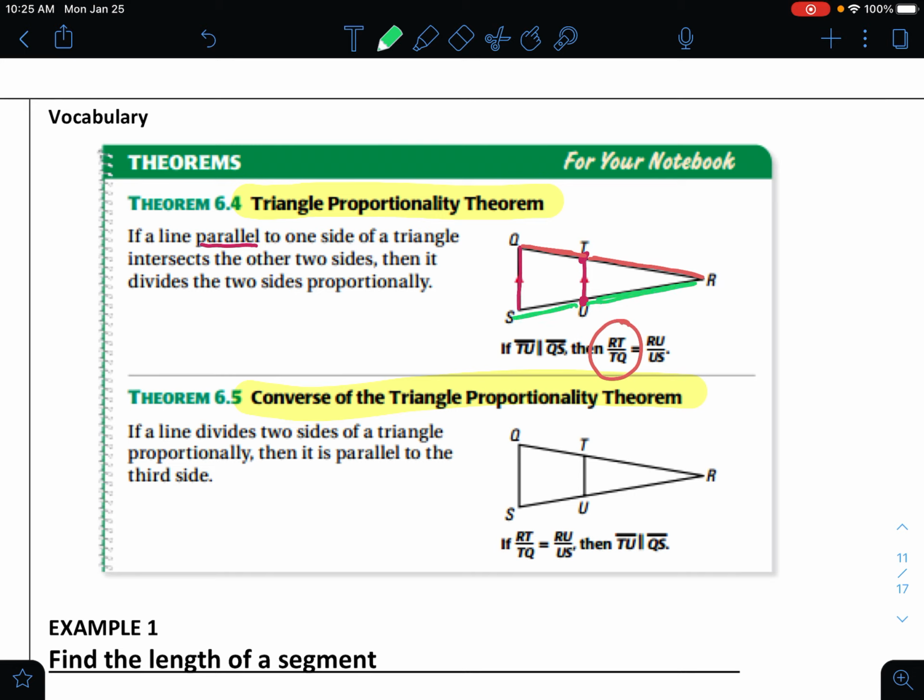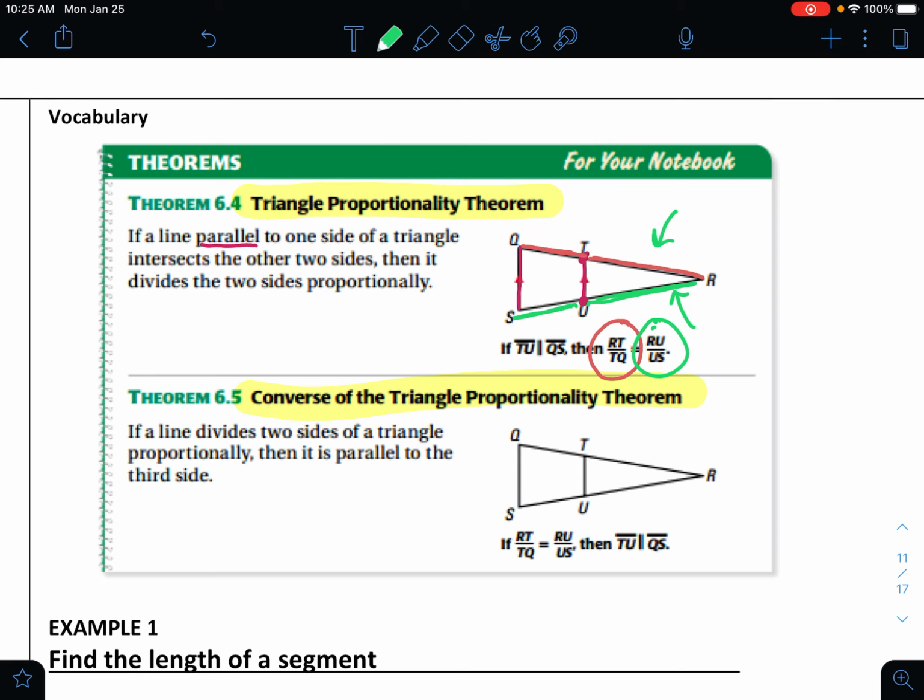It's proportional to RU over US. Do you see how the very top of this, RT and RU, correspond on each side? That is referring to this side and this side. Both are in the numerator, and the other sides are both in the denominator. We're able to do this because the parallel lines break it proportionally.